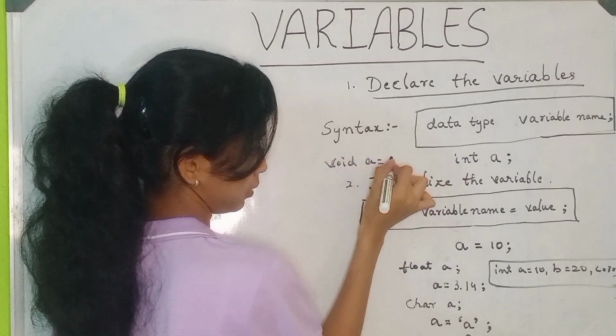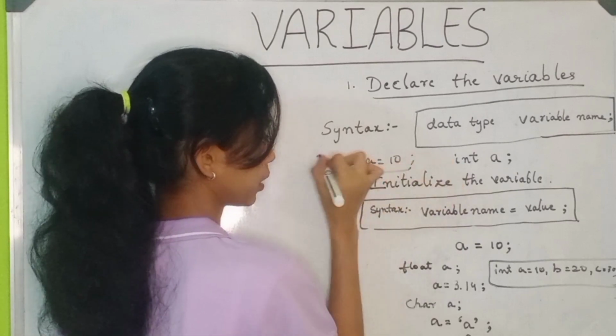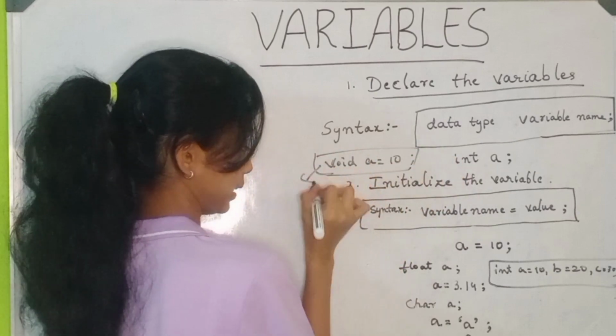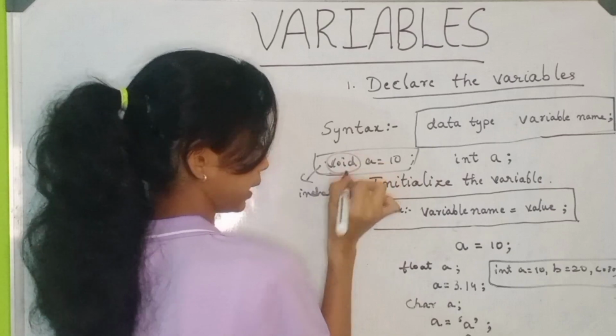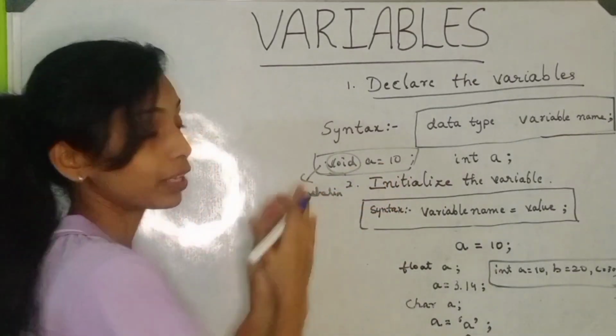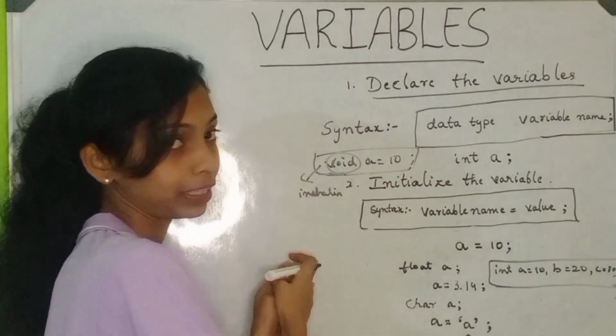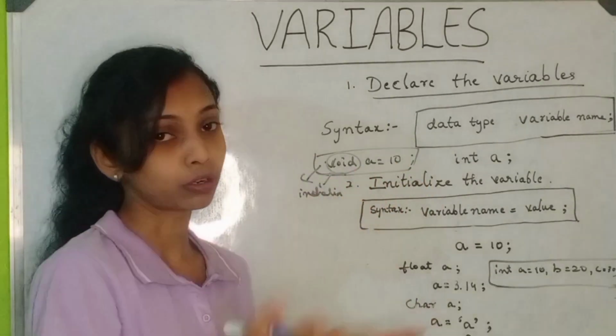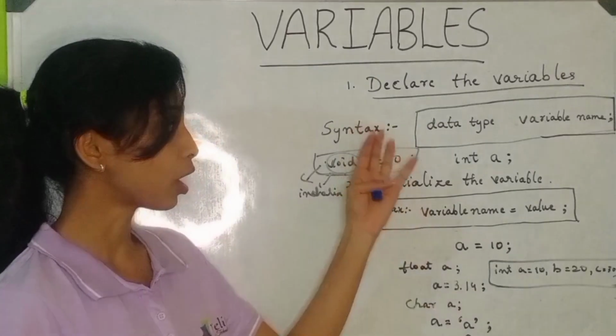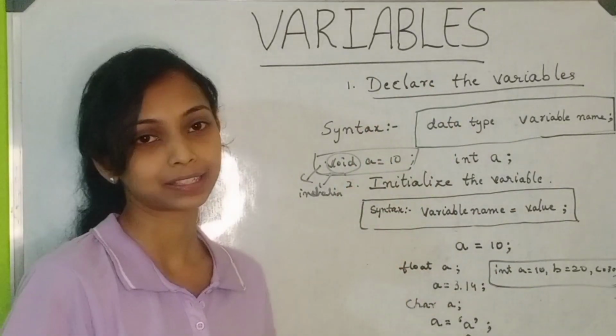For example, this statement is invalid, and this void data type is not a valid one. Whenever you use void a is equal to 10, it will give you an error. So this is about declaring and initializing the variables.